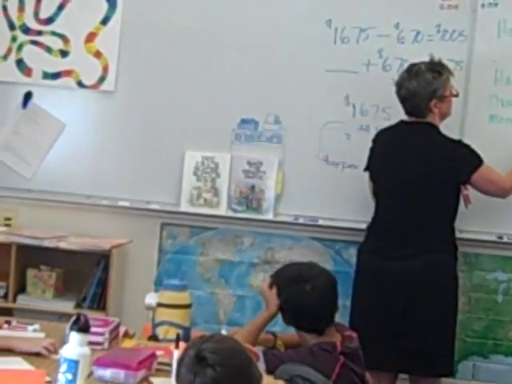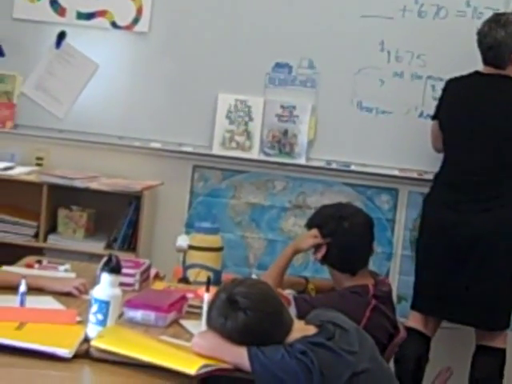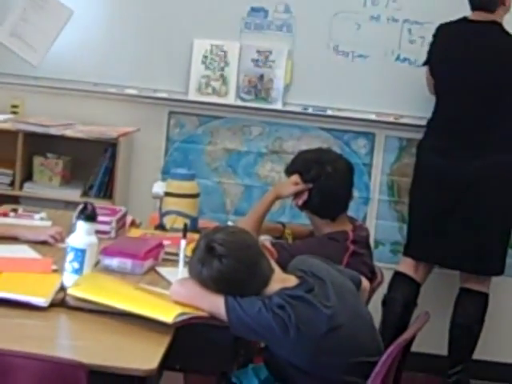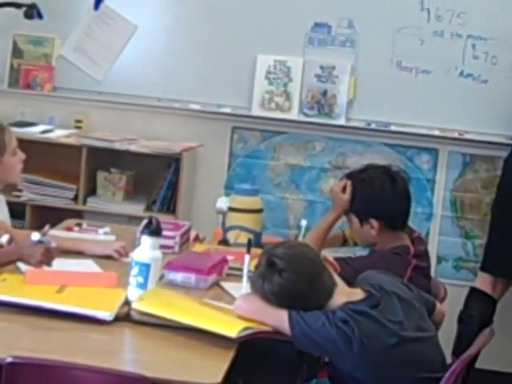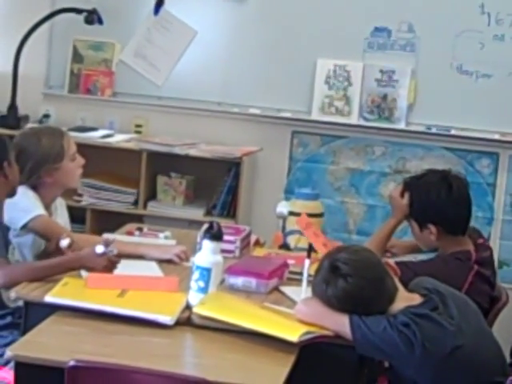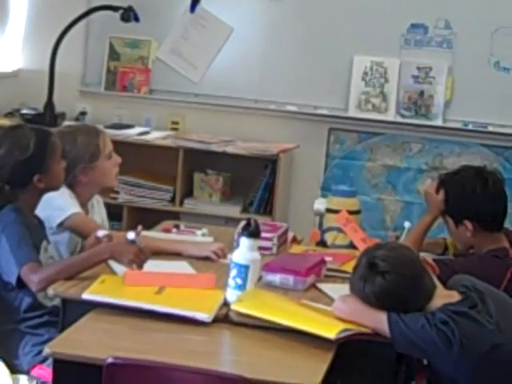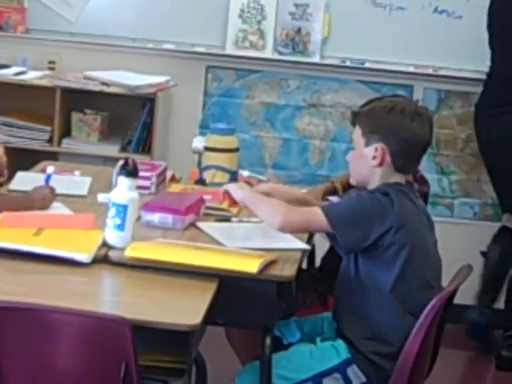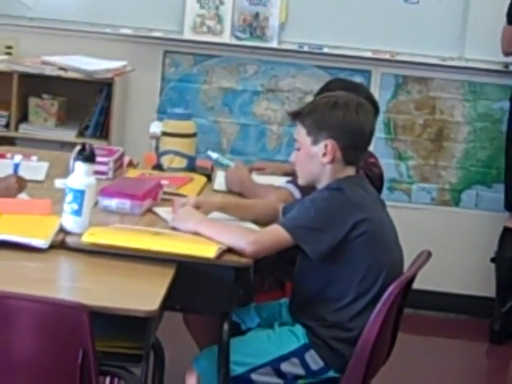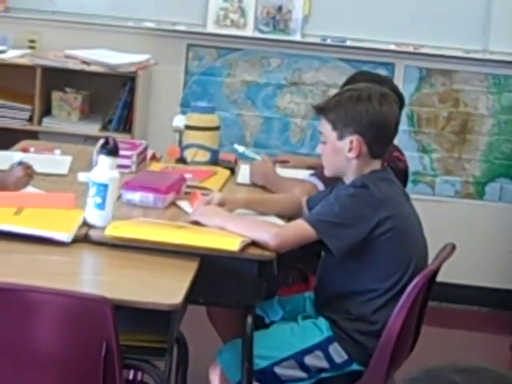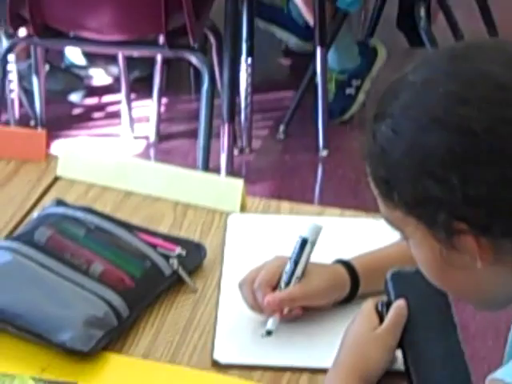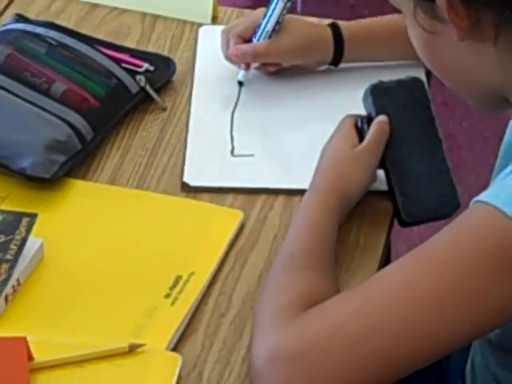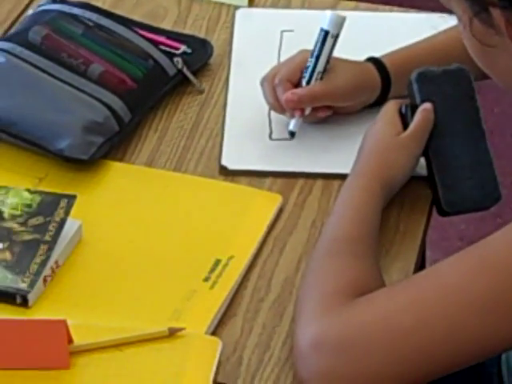Draw me a bar model for this one. Have you done this style? Go ahead. You want a number? Yes. How about I just give you a blank? Okay. She had more money.